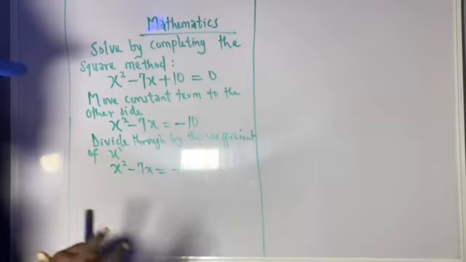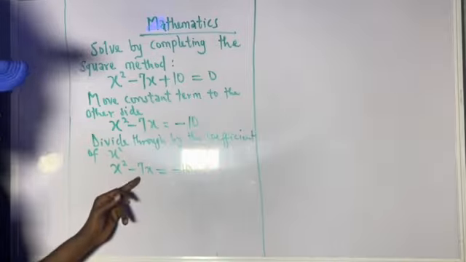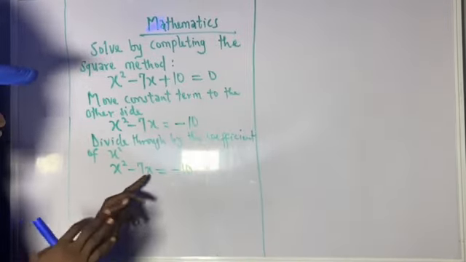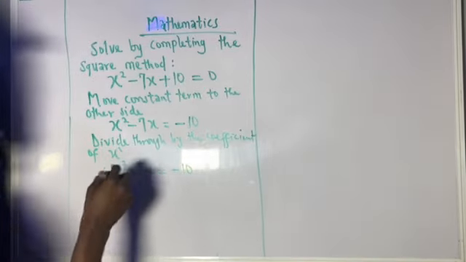Now, the next thing is to take half of the coefficient of x. This time around, ordinary x, not x squared.